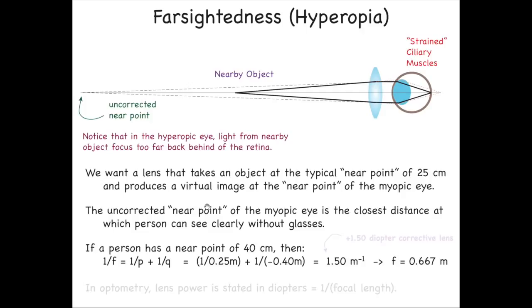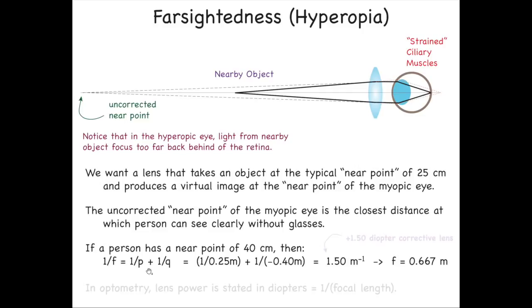So taking an example, if a person has a near point of 40 centimeters instead of the normal 25 centimeters, then the corrective lens that we want is one that brings the object placed at 25 centimeters, which is too close for him to read, and makes an image of it at 40 centimeters, which is far enough away for her eye to bring it into a sharp focus.